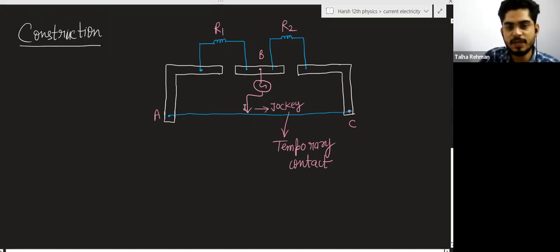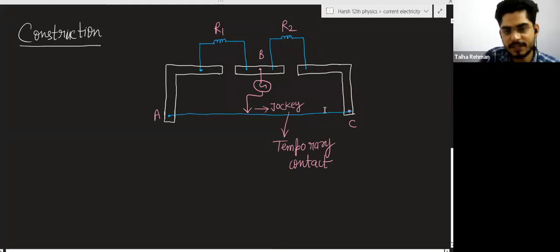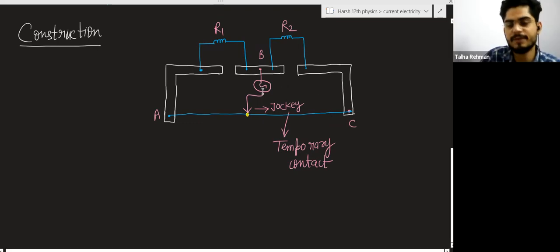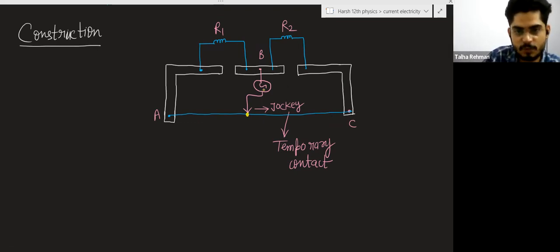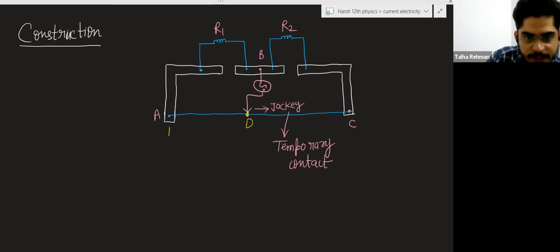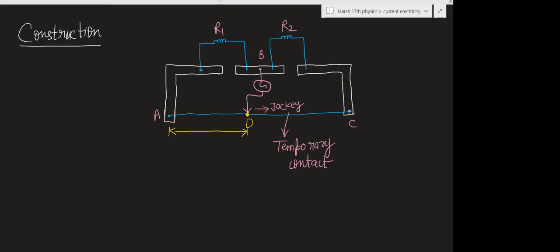When you do the experiment with this combination, you will move the jockey across the length of the wire, and there will be a point where you get zero current in the galvanometer. Suppose this point is D. You will measure the length from the end point A, the zero point.